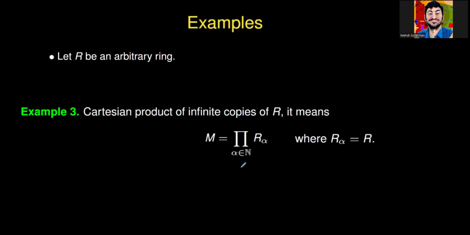This is the direct product of the R_alpha, alpha belonging to the natural numbers, where R_alpha equals R, so in all cases R_alpha is the same. R is a ring. This is an example of various Cartesian products of modules. Okay, now let's look at two new concepts.